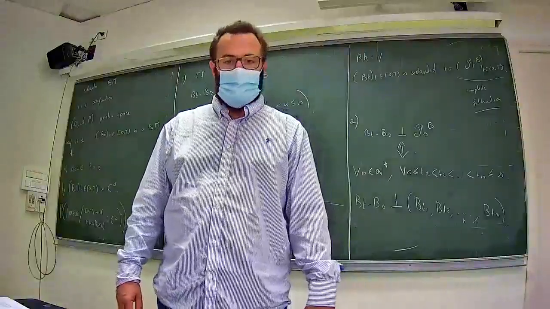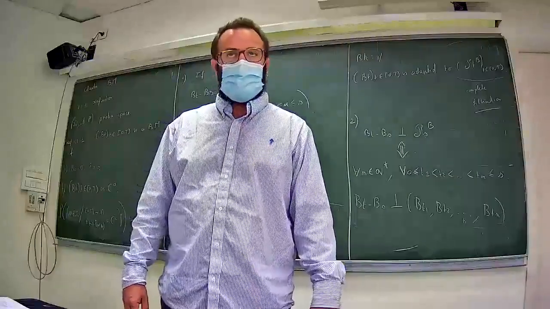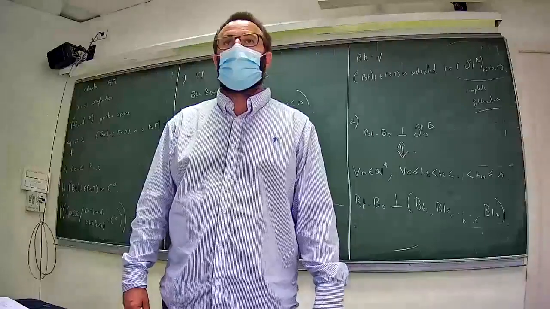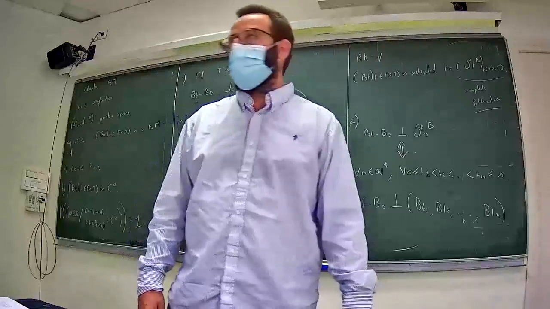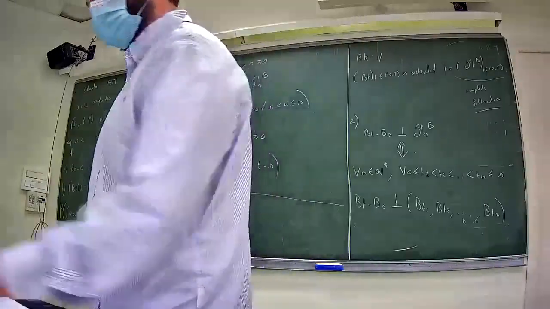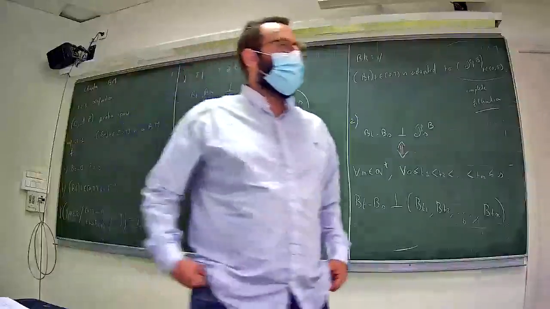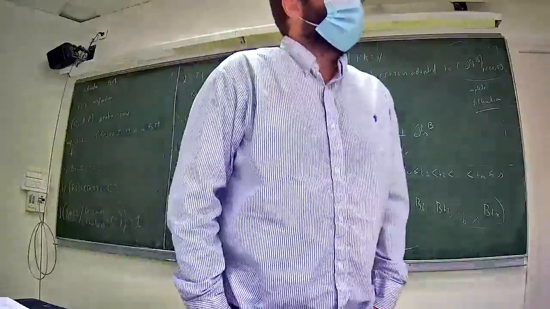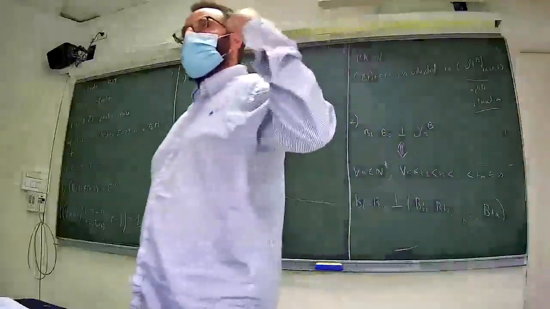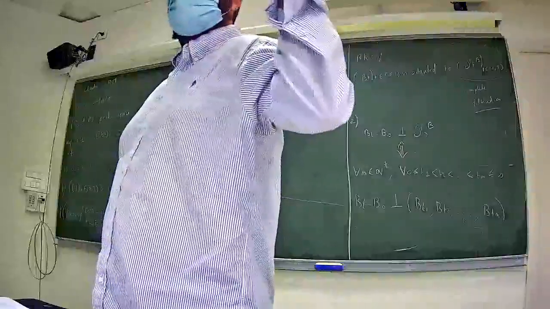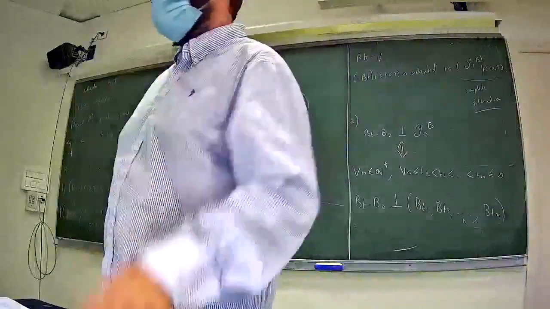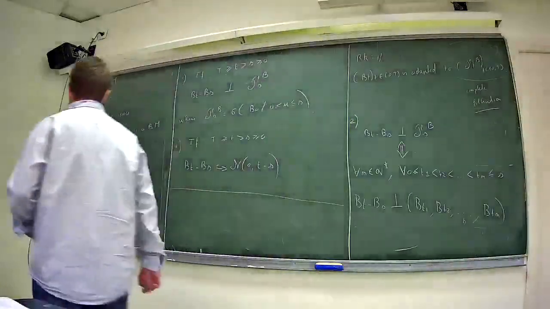I did this with 1,000 points, and I obtained this kind of trajectory, starting from 0 and continuous. I just want to explain how to obtain such a plot from the definition.